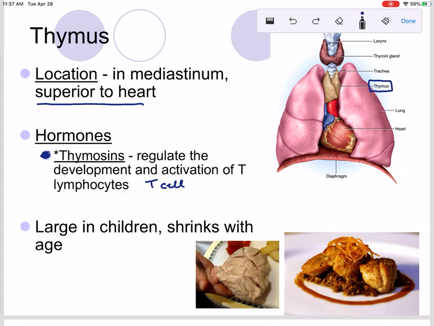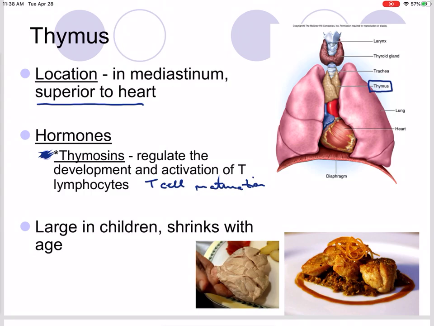Perfect. And what the thymosin hormones do is they work on T cell maturation. And they also regulate when T cells are released. I'm about to bring it all full circle. Buckle your seatbelts, because we talked about this in the blood chapter way back at the beginning of the semester, before we even knew there was going to be a pandemic.